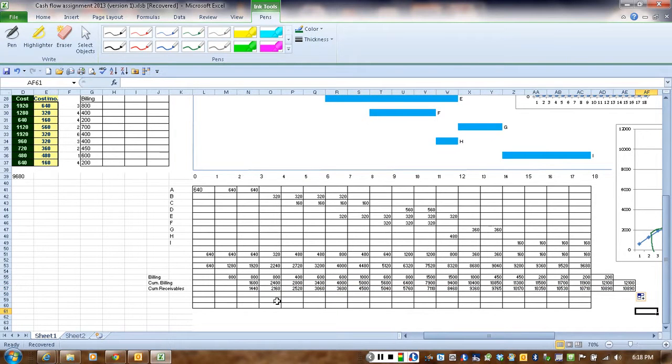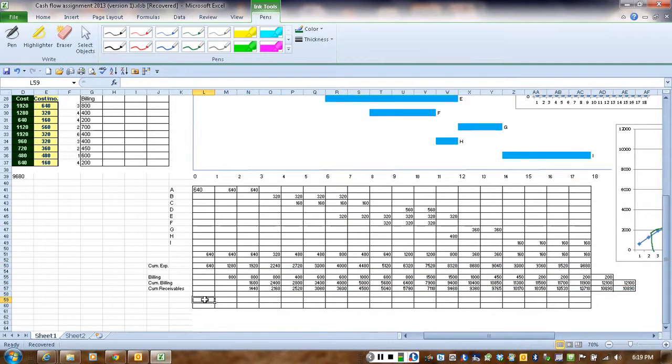So now we can actually draw a graph that's going to show the difference between your cost, your cumulative expenditure, which is money going out of your pocket, and your cumulative receivables, which is the money that you're getting from the client. So we're going to select this and this, and we're going to draw a graph. Let's just do the math first, make it simple.